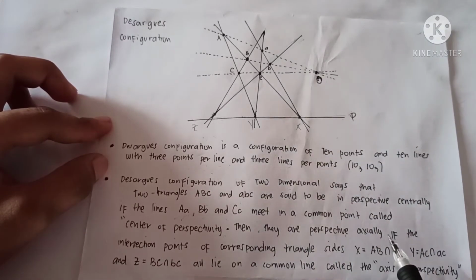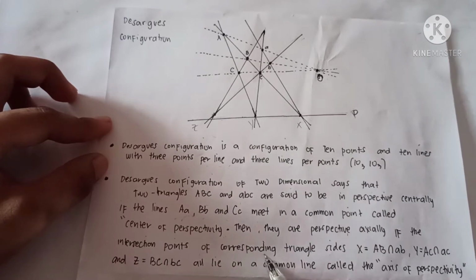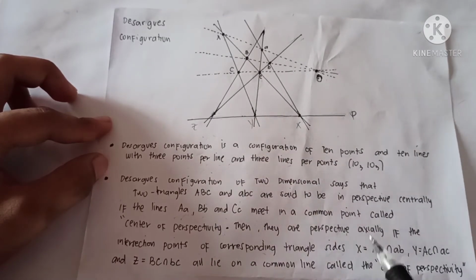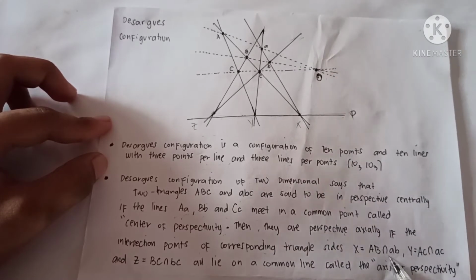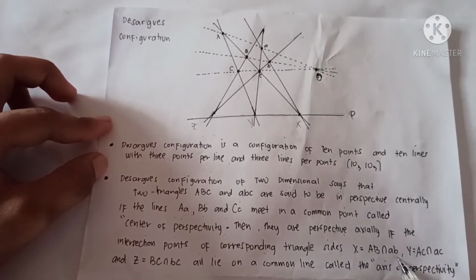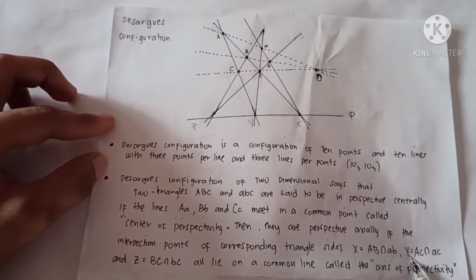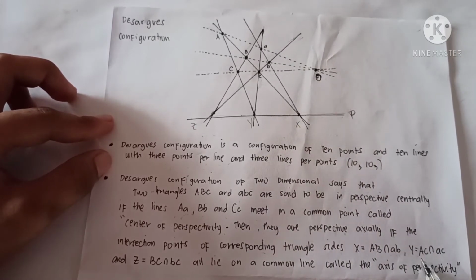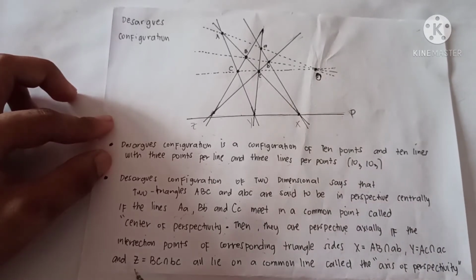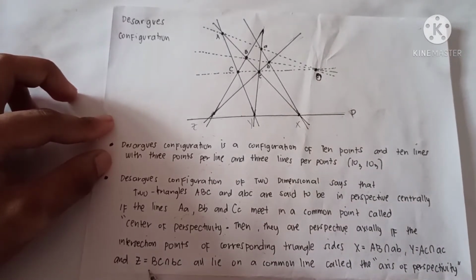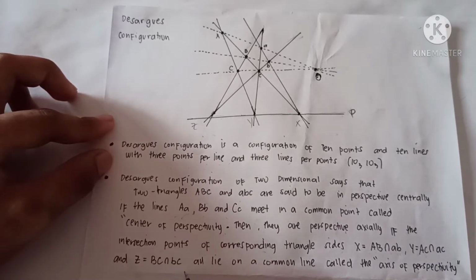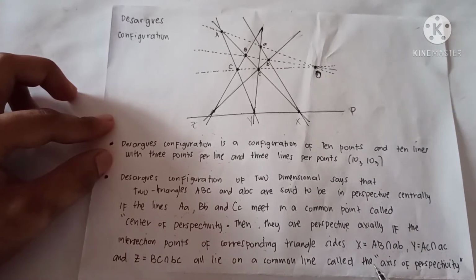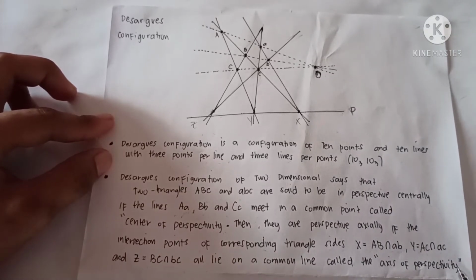Then they are perspective axially if the intersection points of corresponding triangle sides, x is equivalent to large AB intersection of small ab, point y is equivalent to line large AC intersection of small ac, and point z is equivalent to large BC intersection of small bc, all lie on a common line called the axis of perspectivity.